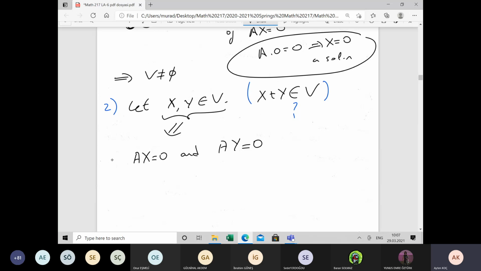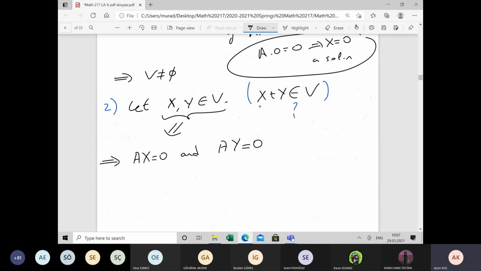Our aim is to show that x plus y is in V. What does it mean? It means x plus y is a solution of the homogeneous system. So take our matrix A and multiply by x plus y. A is a matrix, x is a matrix, y is a matrix.